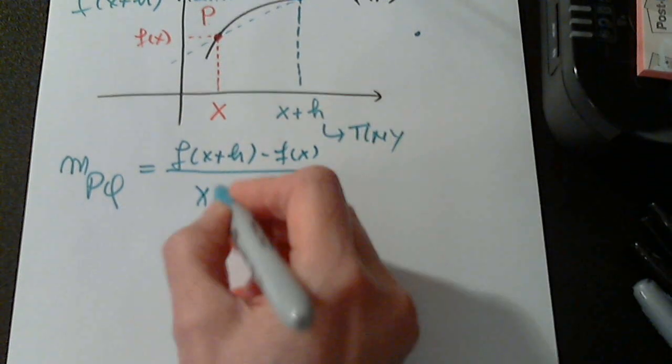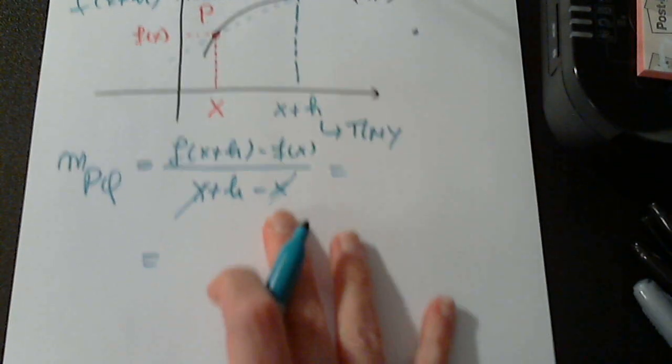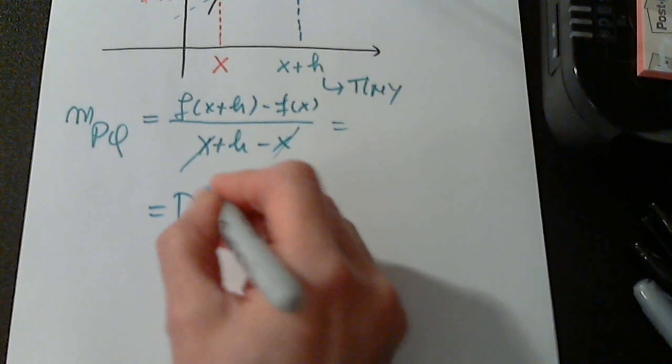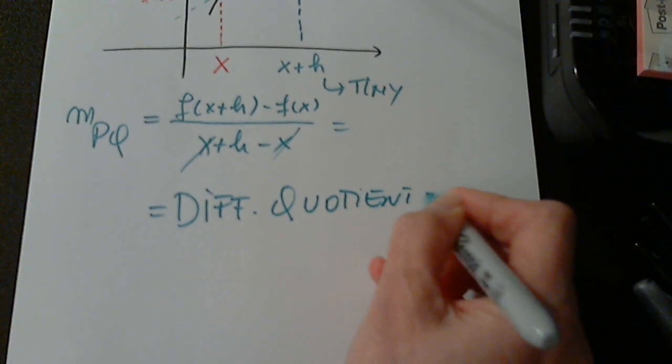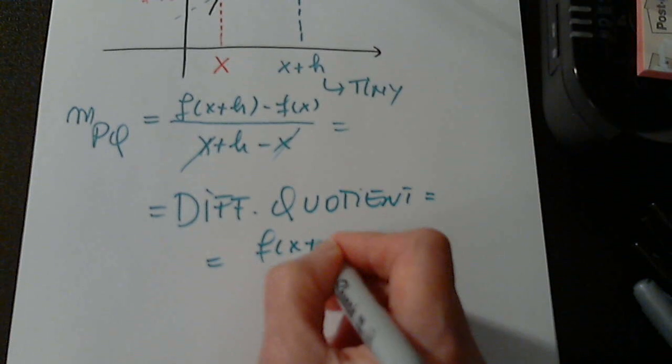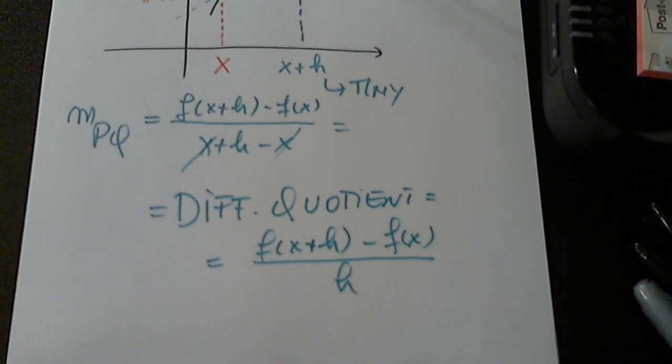True. Over x plus h minus x, which simplifies. So this is what is called the difference quotient, which is f of x plus h minus f of x divided by h.